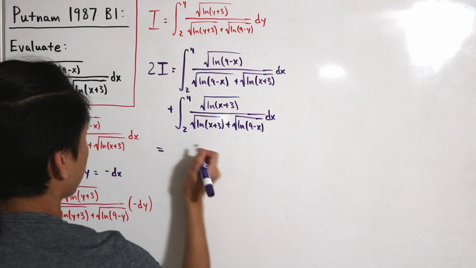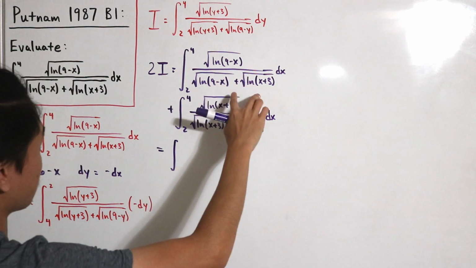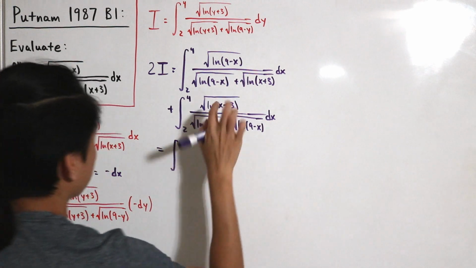Now if I combine the sums together, you'll notice they share the same denominator, so I can combine the two.